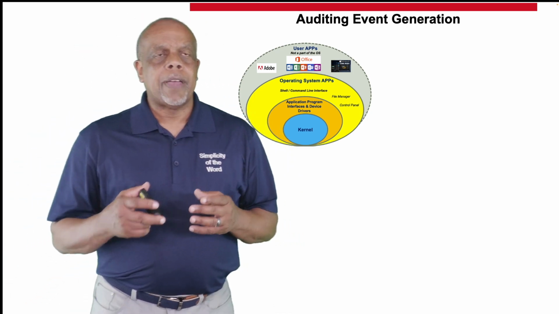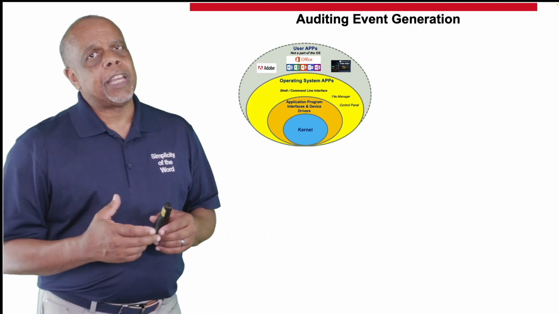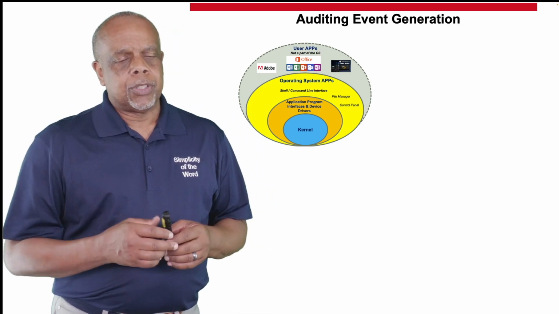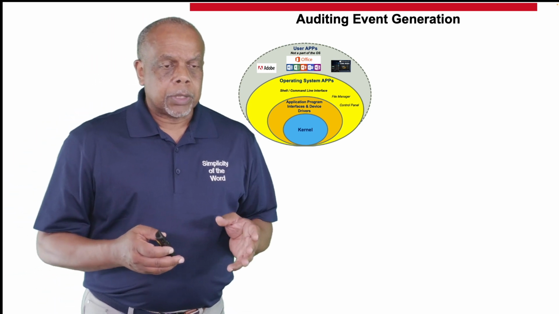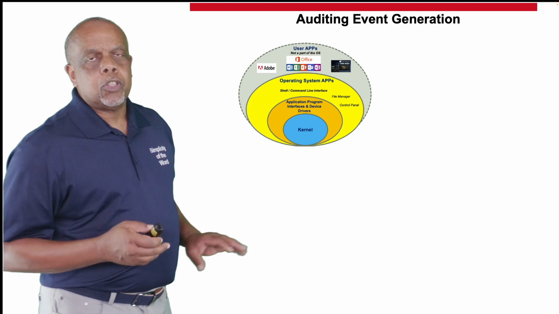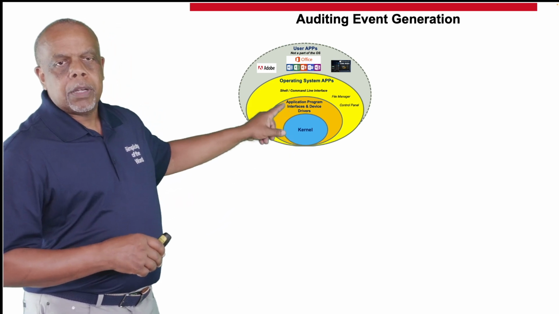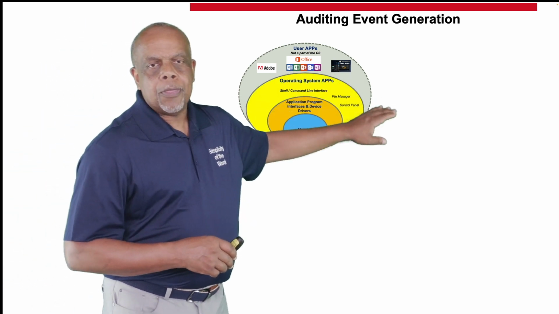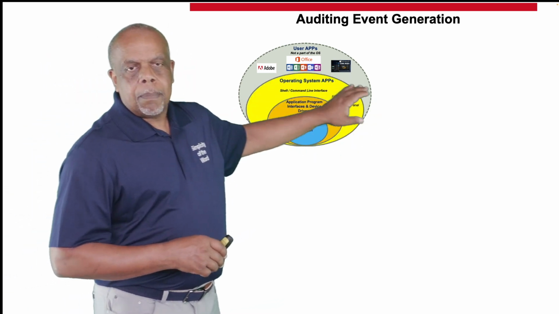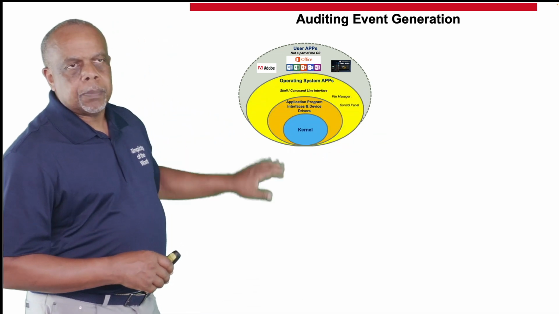These are the application level interfaces that we're talking about. So basically, when you buy Microsoft Windows 10, this is what you get: the blue, the orange, and the yellow layers. That makes up a Microsoft operating system.